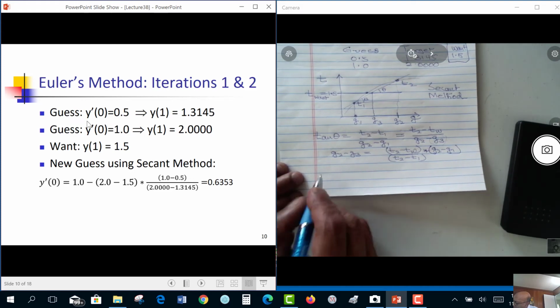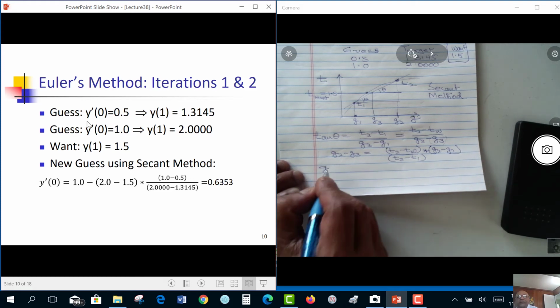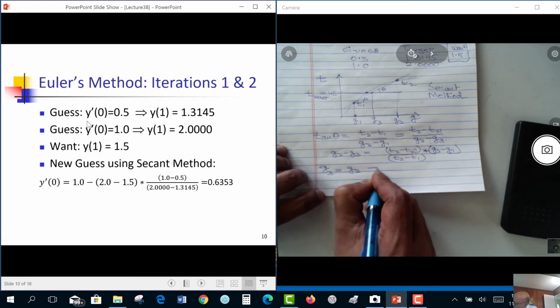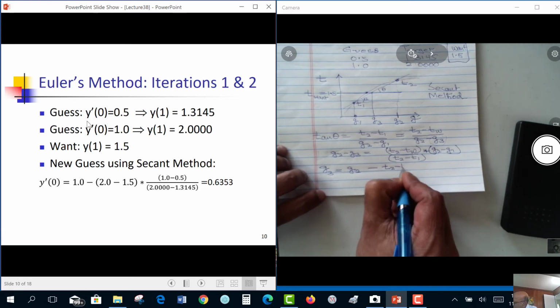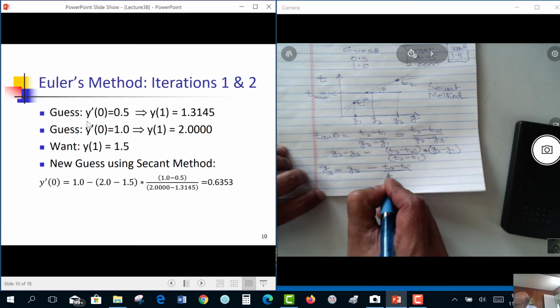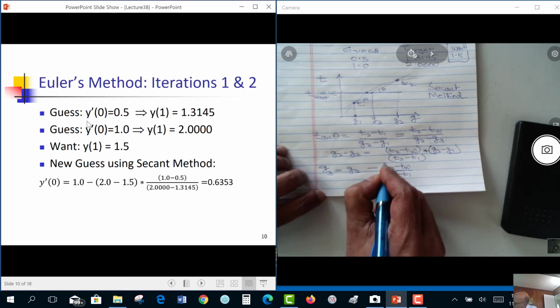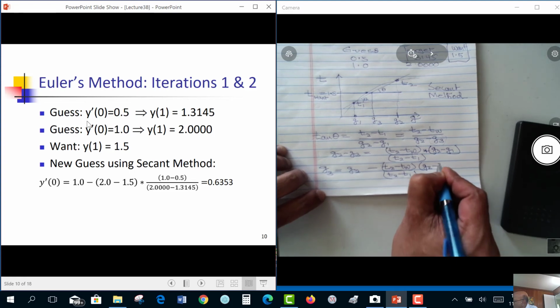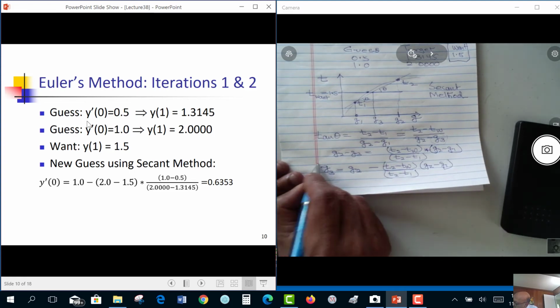Okay, so from here we'll get G3 is therefore G2 minus T2 minus TW over T2 minus T1 times G2 minus G1, right? So that's our secant method equation.